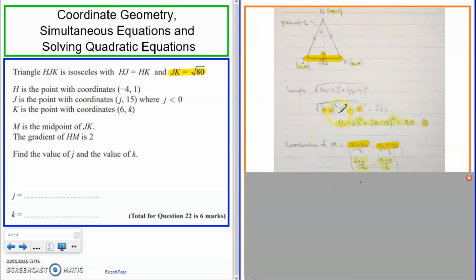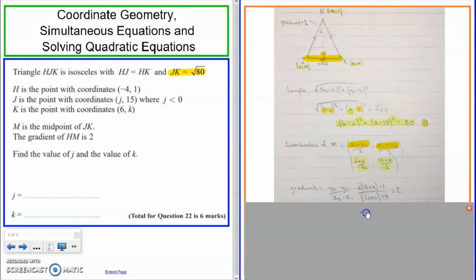I can also work out another equation because I'm told that the gradient of this dotted line between M and H is 2, and I now know the coordinates of H and M. So I substitute them into the formula to find gradient, y2 minus y1 over x2 minus x1, change in y divided by change in x.